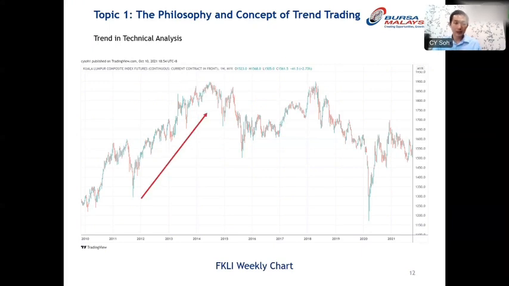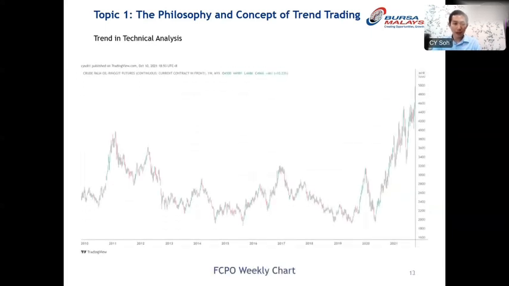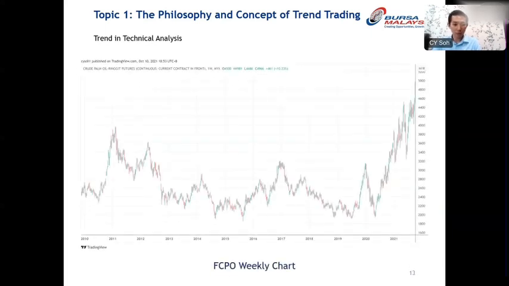We can see that price going up, it's an uptrend. When price is moving in a specific range and not having a clear direction, it's sideways. And if price comes down for a consistent period of time, it is considered a downtrend. How about for FCPO? Similarly, we are able to see there are downtrends, sideways, as well as uptrend.